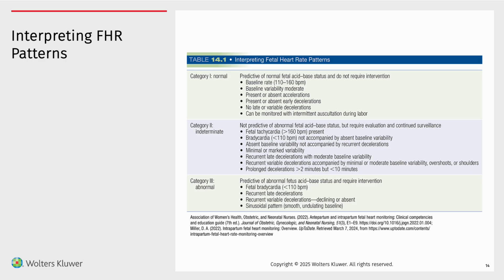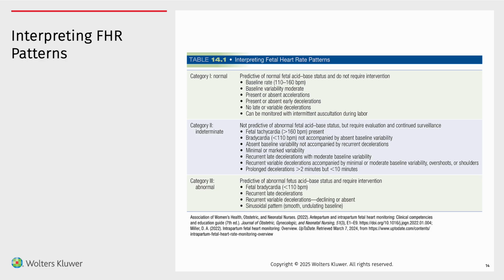This category 2 is a gray area. It's not clearly reassuring, but not clearly abnormal either, right? So these patterns require continuous surveillance and clinical judgment, and some may be transient, while others may signal early compromise.